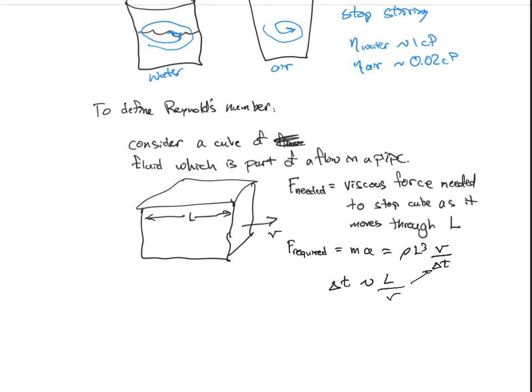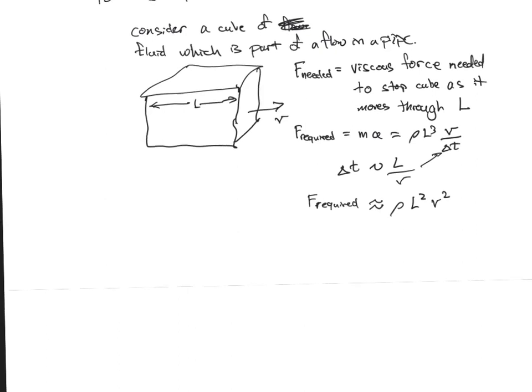And so if I plug that in here, the force required is about rho times, the factor of L here is in the denominator, so that's going to cancel one of these factors here. So that's going to be L squared, and then this v doesn't cancel because it's in the denominator. The denominator comes up, so it's going to be rho L squared v squared. And now let's think about the viscous force that's available.